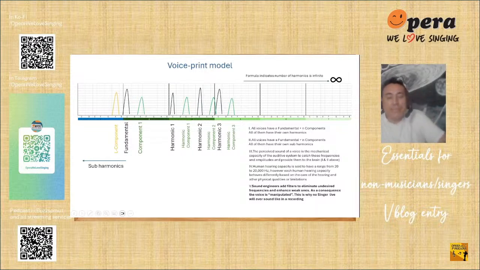But this is the source where all this comes from, which is the understanding of the fundamental, the components, and the harmonics that come with it. You can target and say, Ricardo has a horrible metallic sound around the eighth octave, which means one of its harmonics sounds way too much.